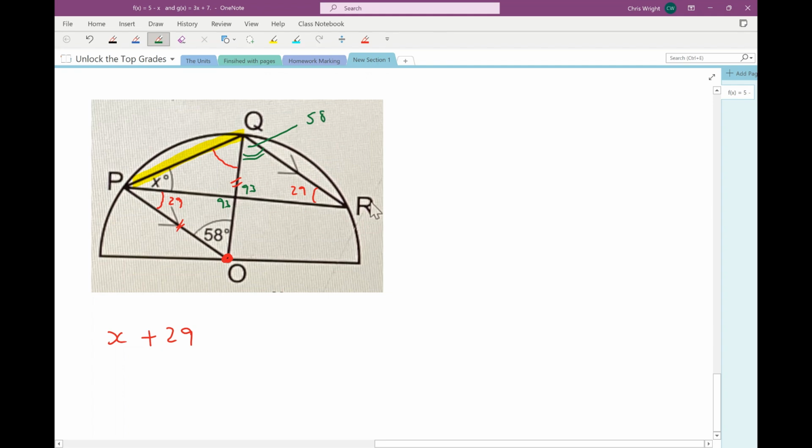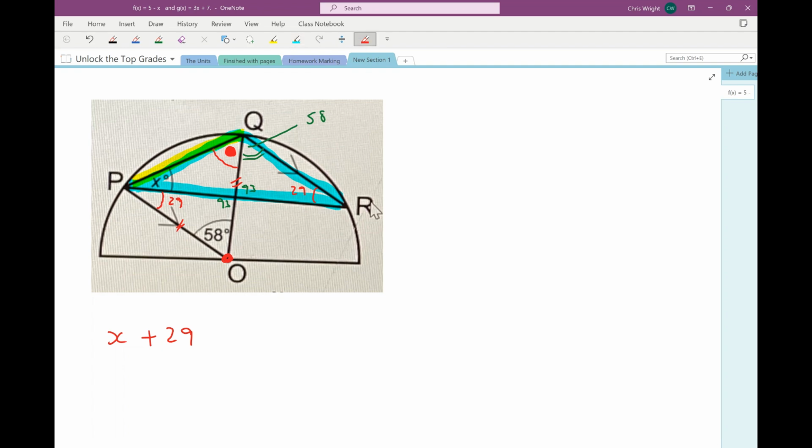Now, can we turn our attention to this angle once again? We've already decided that it's equal to x plus 29 because angle PQO, this is this one, PQO is an isosceles. Now, can we get another expression for this angle here because of this triangle?